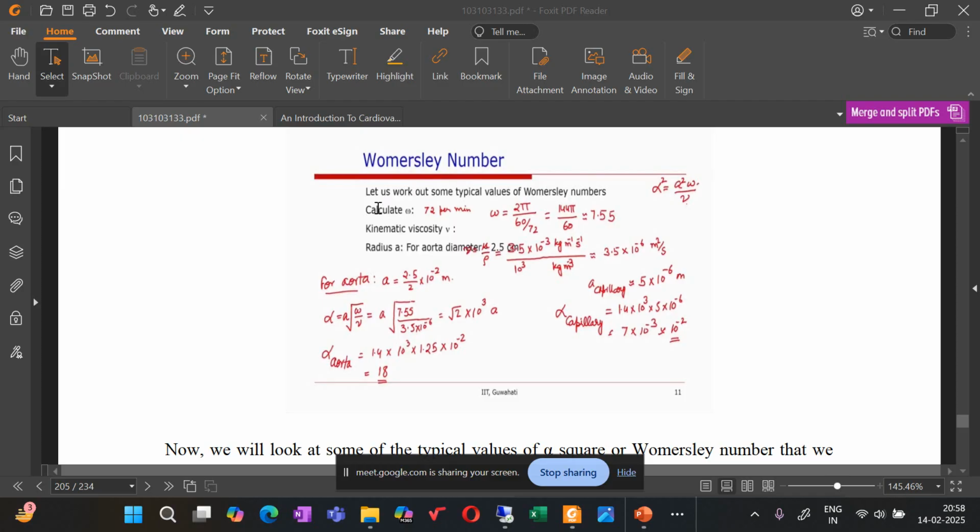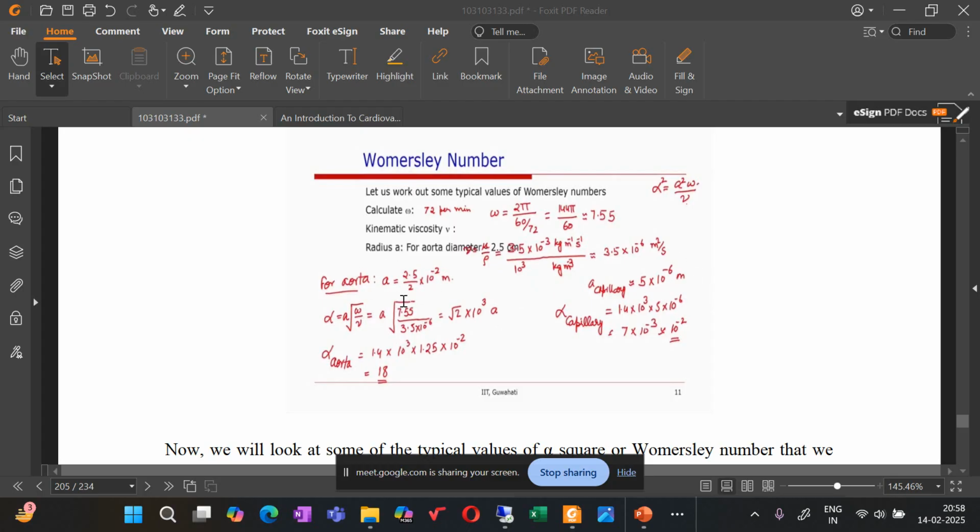Here you see, in the case of the aorta, the diameter was 2.5 mm, right? And for the arteries, you had 5 micron, right?